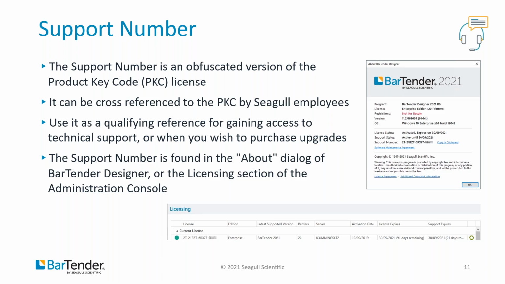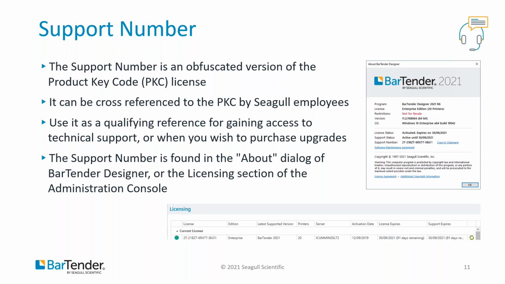Of course, the owner of the license, the person or people managing the actual product key code, will know what that code is, but everyone else in the organization will not. They will only know the support number. We call it the support number because it can be used, of course, for getting technical support.